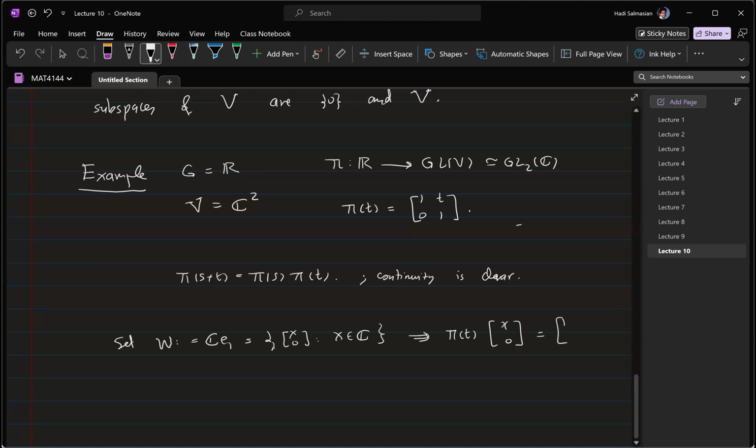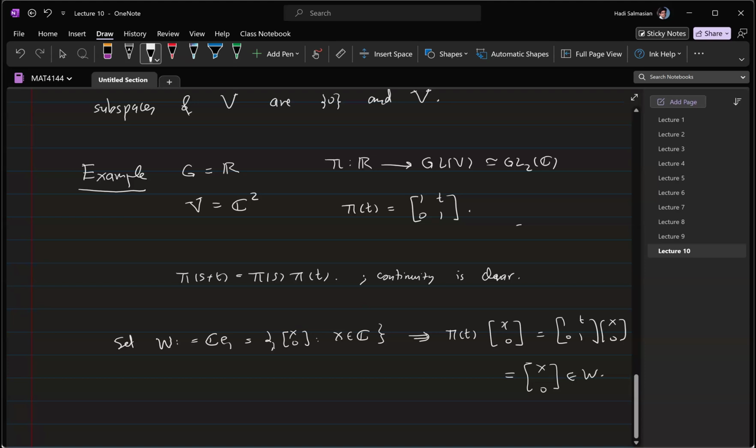is (1 t; 0 1) times (x, 0), and you obtain (x, 0) again. In fact, everything is pointwise fixed. We didn't even need that; we just needed to stay inside W, and it does.